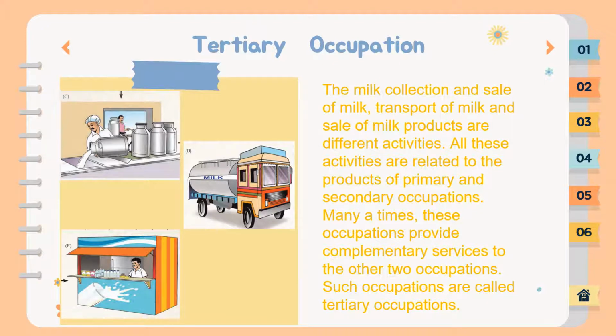These occupations are also called service occupations. Let us look at some examples of what these complementary services are. These include transport of goods, loading and unloading of goods, and sale of goods, etc.